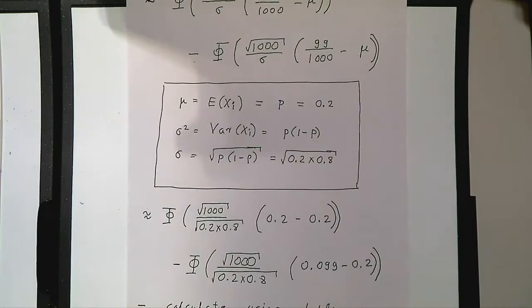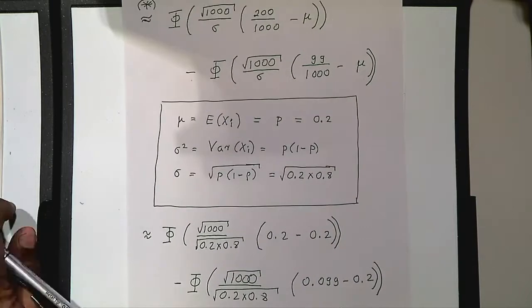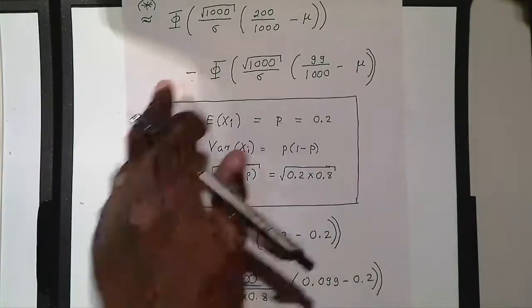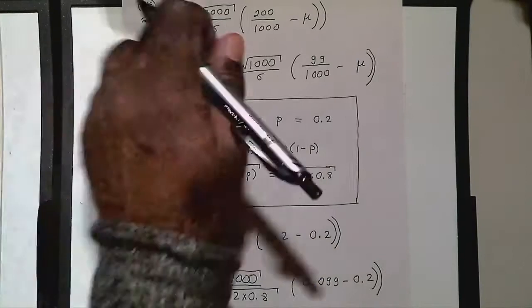Now, I used the central limit theorem to compute this probability, the probability of a binomial with such large numbers, which you can't compute using a computer. So you have to use the central limit theorem in this case. The approximation I have made is using star. Star says that for n large, you can approximate this by this, and that's exactly what I have done here, from this step to this step.